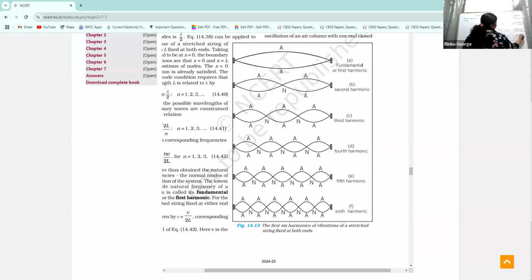Fourth harmonic or third overtone. Fifth harmonic or fourth overtone. Then sixth harmonic or fifth overtone. You should be thorough with the names.